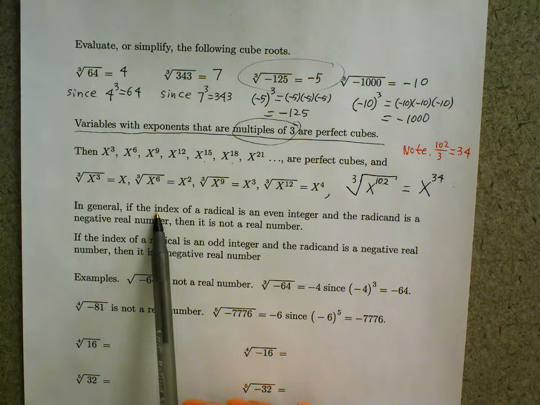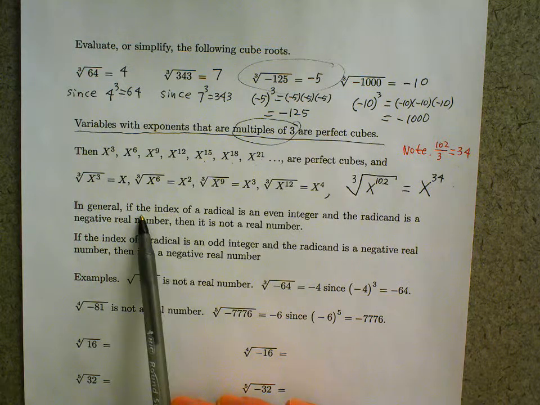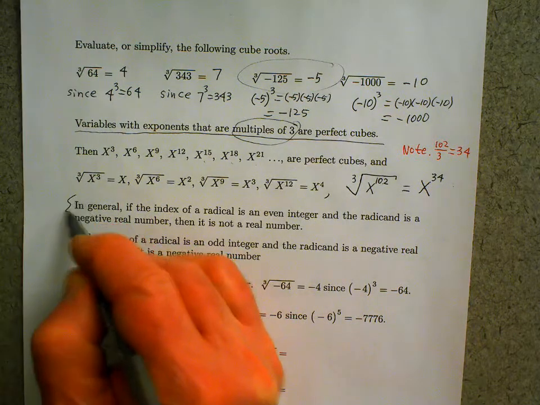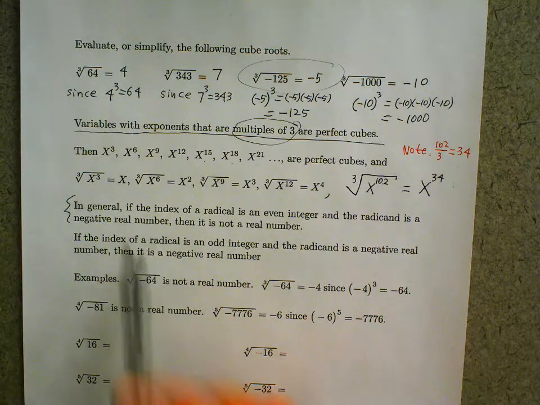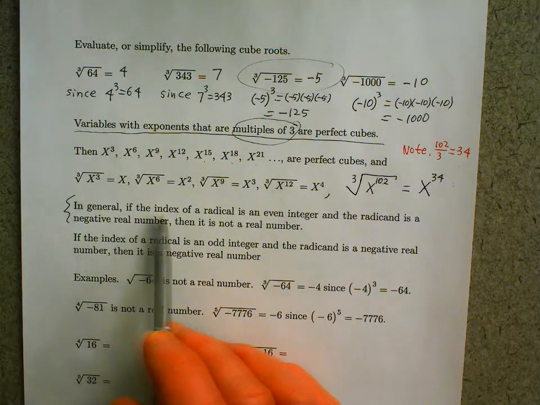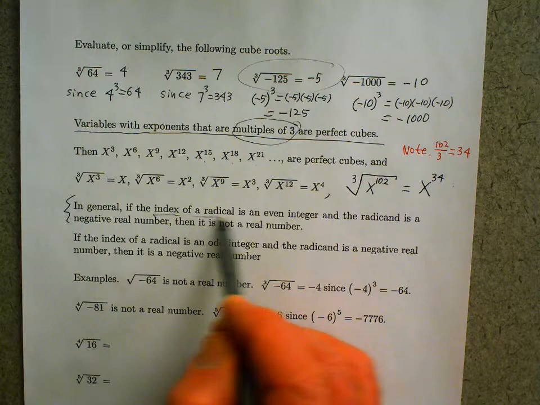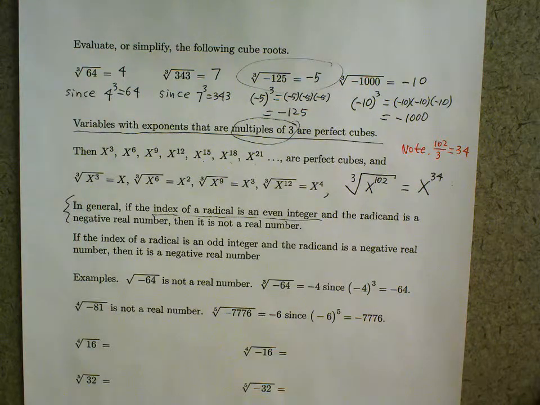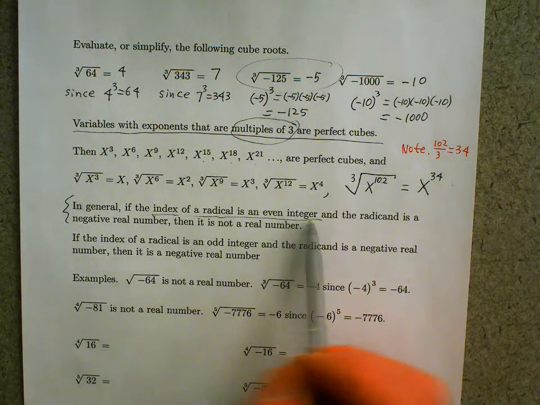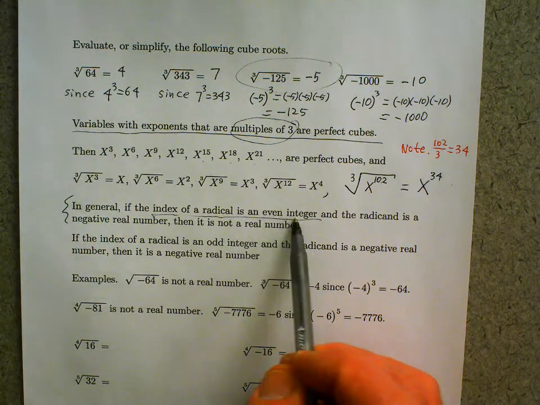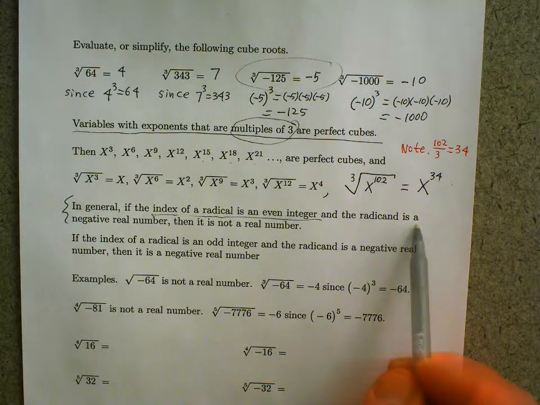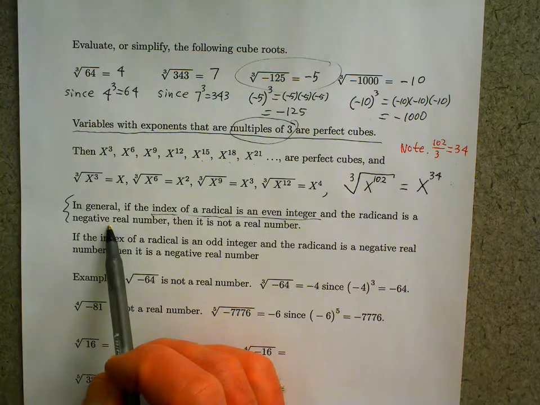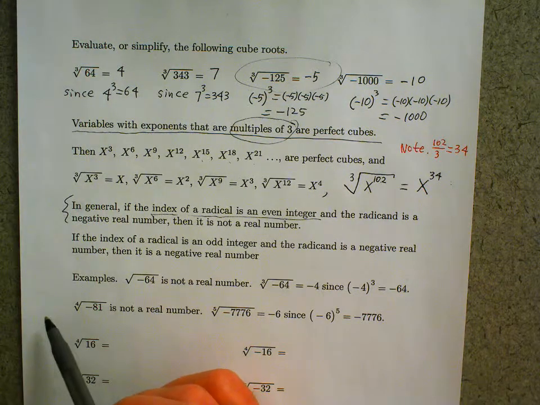We'll see some of those here in a couple of minutes. But make sure that you absorb that. If the index of a radical is an even integer, so the even integers are 2, 4, 6, 8, and so on, so if the index is even and the radicand is negative, then that is not a real number. It's a number, it's just not a real number.